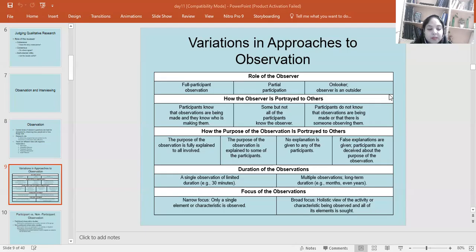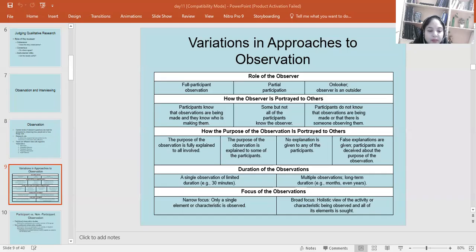If the purpose of observation is fully explained to all the participants, who are involved for a certain period of time, and this is the observation checklist, and on these criteria you are being observed, and this is the time, so if the objective of the observation and the process of observation is properly and fully explained, that is full participant observation.